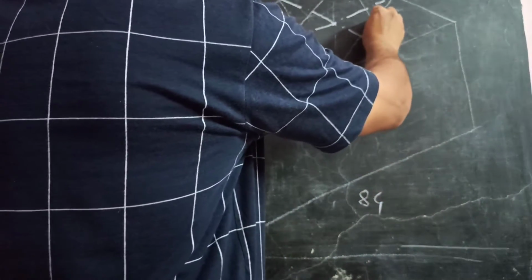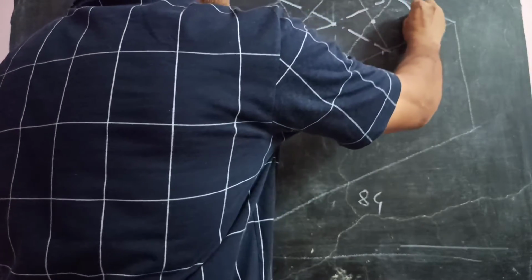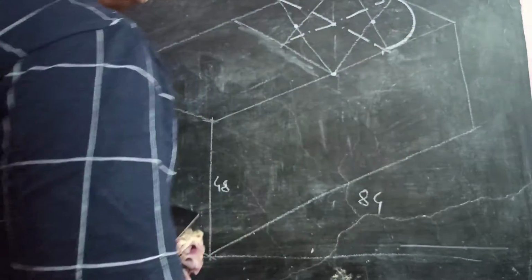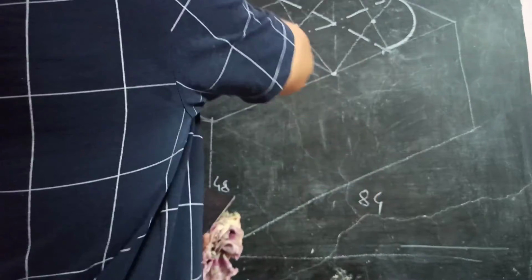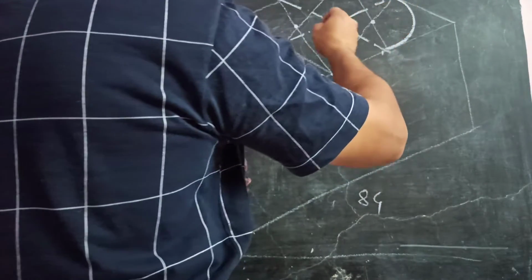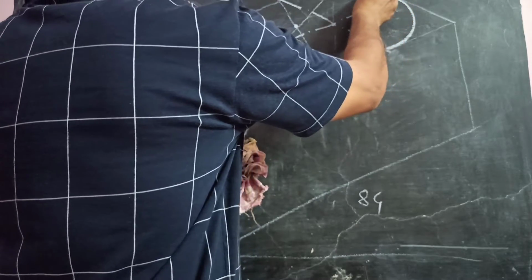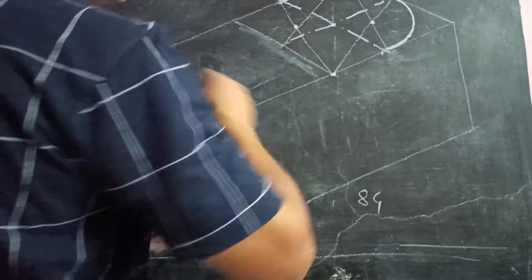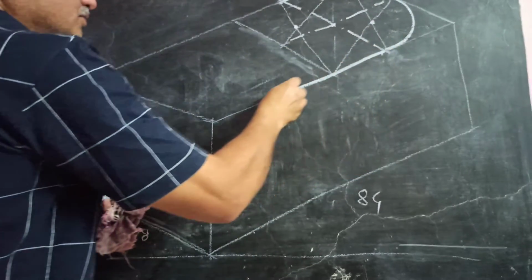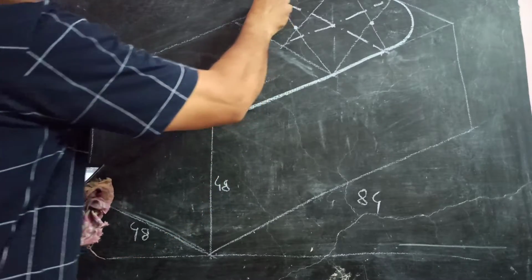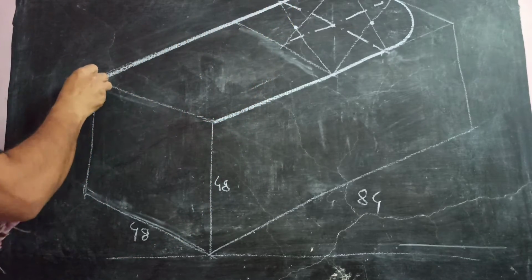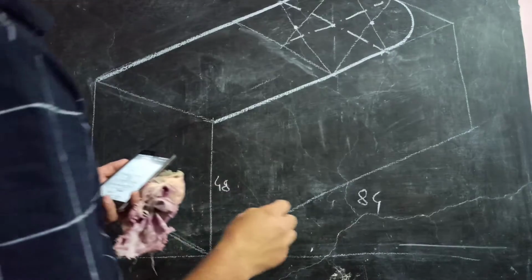So take this as center, this much as radius. You can draw the shape. Then take this as center, this much as radius. You can complete this. And from here to here, you can make it. So this is the shape.